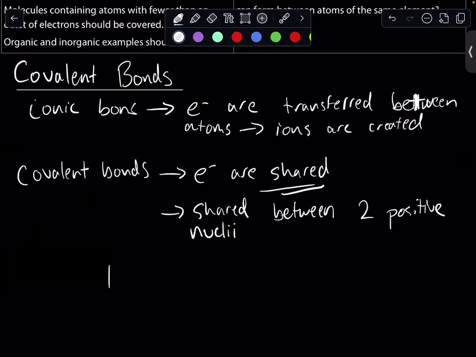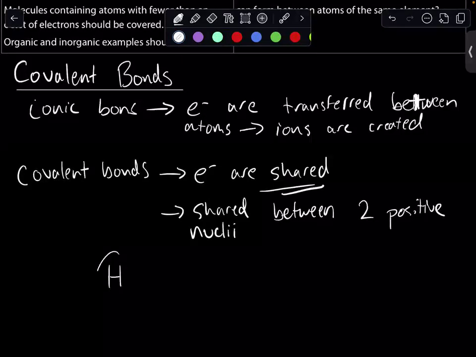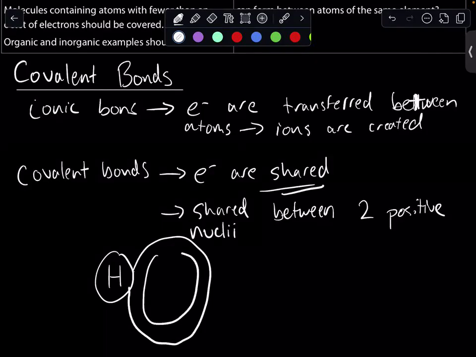So if we look at hydrogen and we bond it to a chlorine, I'm going to go ahead and make chlorine quite a bit bigger. Right now I'm drawing Bohr models. So chlorine, I'm going to use red for its electrons.